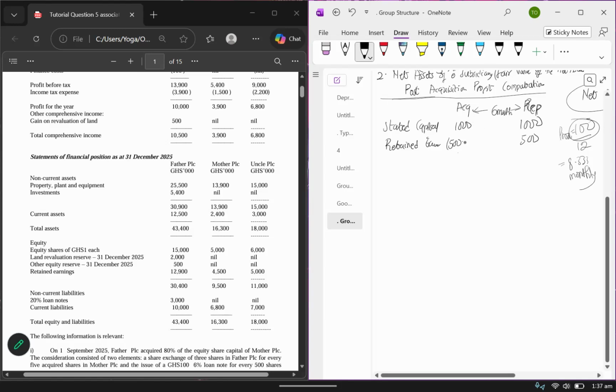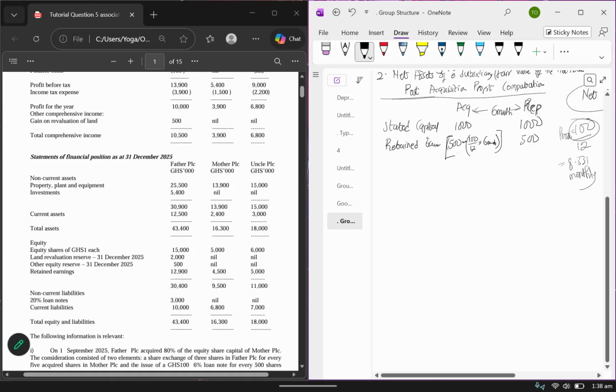In that case, we need to look for the post acquisition period profit, and we know that a monthly profit is 8.33. So it becomes 100 divided by 12 times 6 months. This will give you the post acquisition profit, or someone can choose to do it this way.